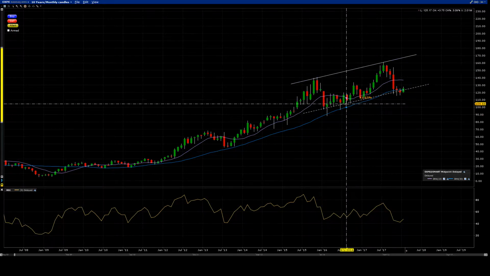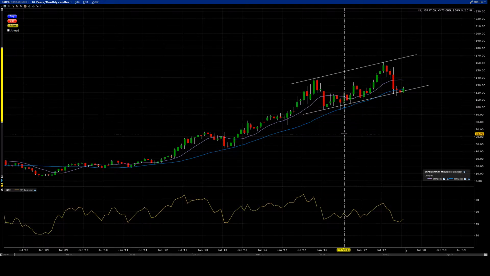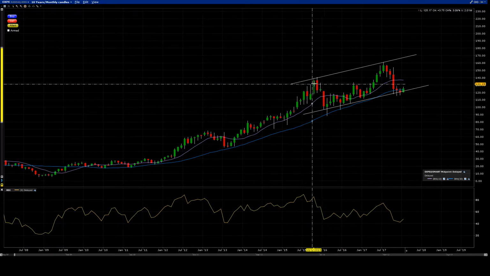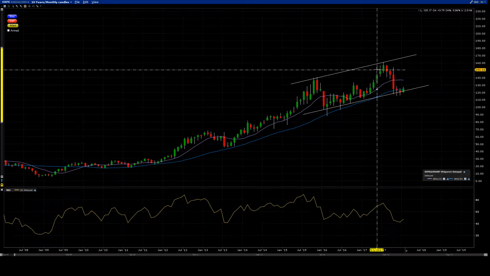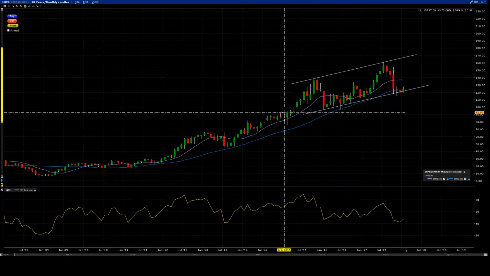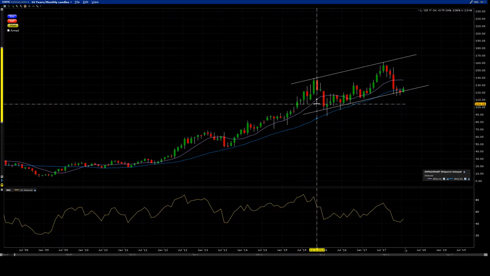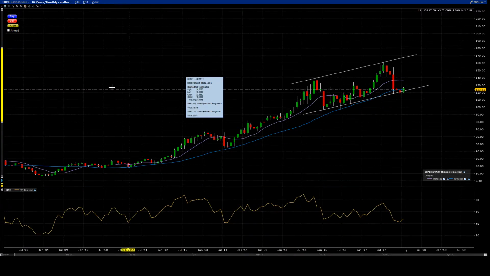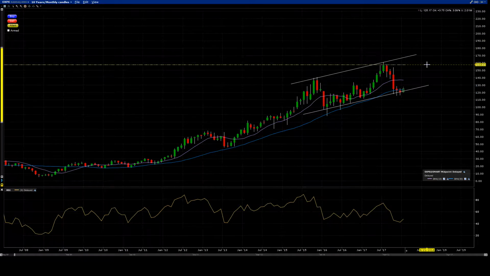So right now, we could think that we still have an ascending channel here on the monthly candle charts, going back to January 2015. I'm going to set my alerts at the resistance at the 157 level.